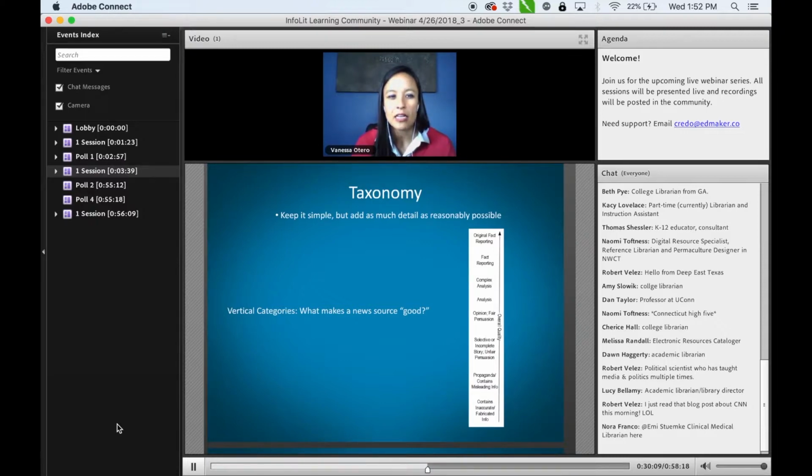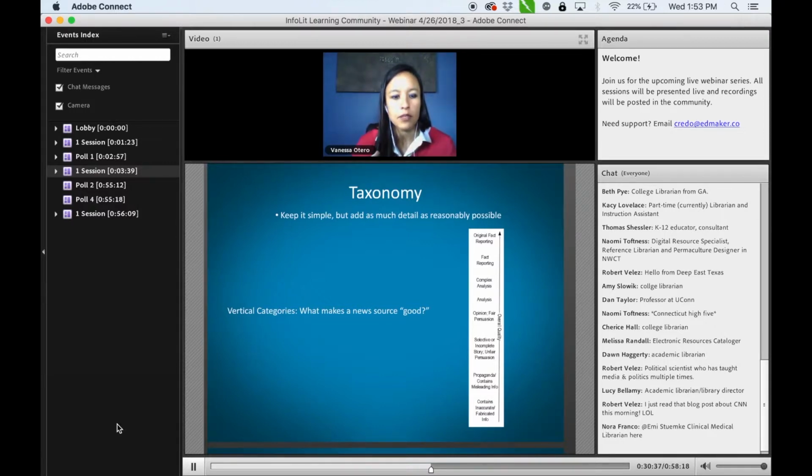Selective and incomplete stories tend to leave out one of the sides, the inclusion of which would make the story more complete and give it more balance. So if you're trying to convince somebody of your opinion, but you're leaving out all the other side's actual best arguments, that drops it down into the selective or incomplete territory. And then below that, you have propaganda and contains misleading info.